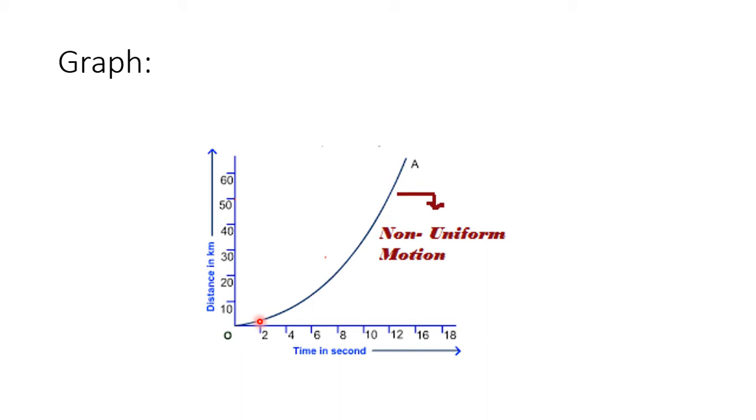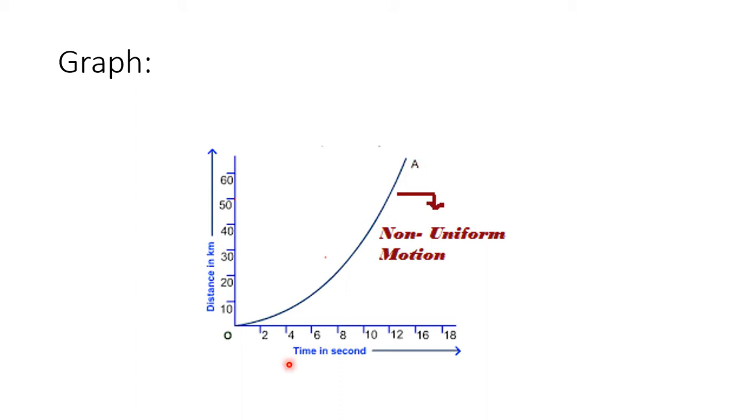When the time was 4 seconds, then also it was lesser than 10 meter distance. When it was 6 seconds, then I think it is near about 10 meter. When it is 8 seconds, then it was more than 10 meter. But it is non-uniform distance. So distance is 10, 20, 30, 40, 50, 60. It is a non-uniform motion. So for non-uniform motion, you can get the curve like this.